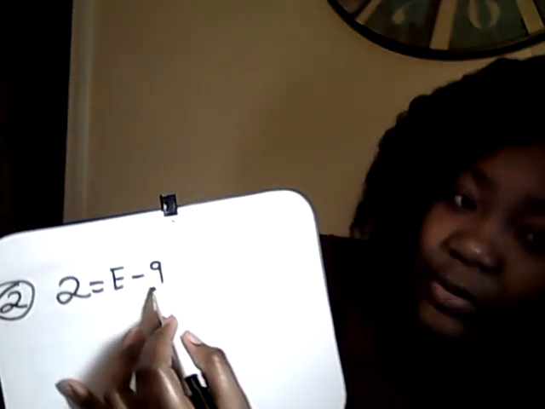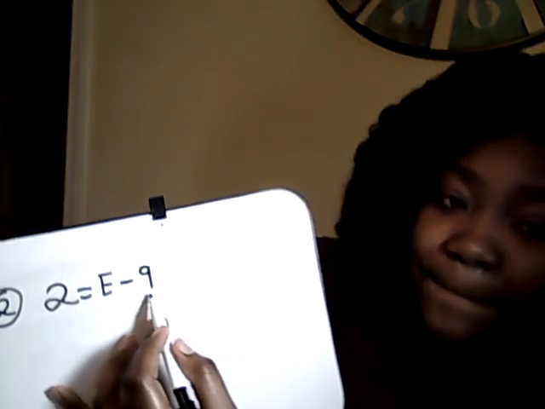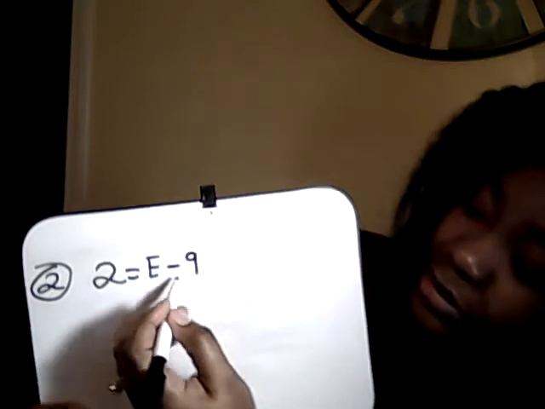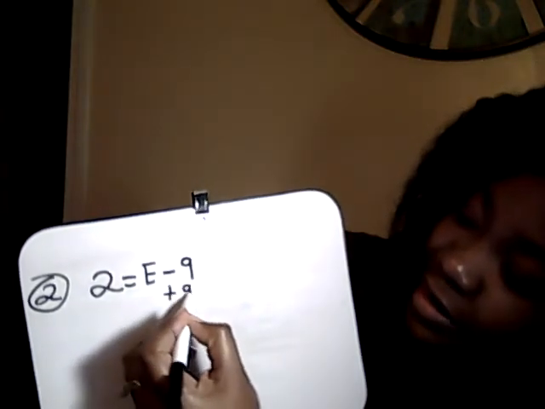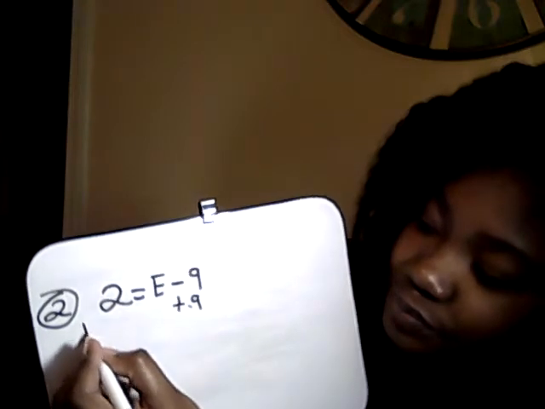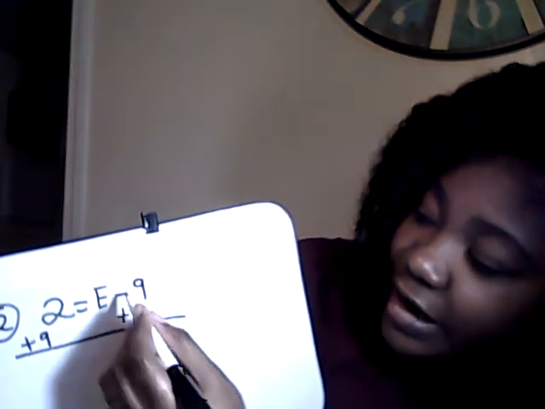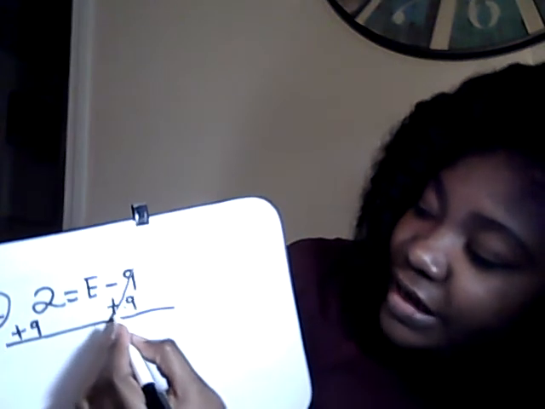So it's negative 9 right now. In order for me to take it to the other side, I have to change it to what? Positive 9. So I'll go ahead and add the 9 right here. And if I add it to one side, I have to do the same thing on the other side. Alright, negative 9 and positive 9 cancel out.